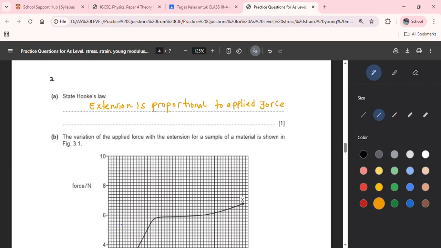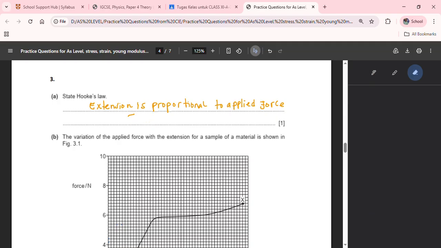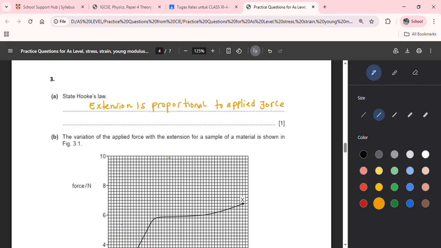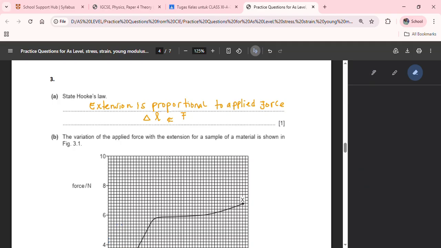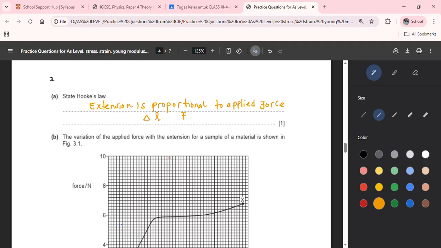Or in other words, you can say that force is equal to K times extension. From the definition, we can say that the extension, which is delta L, is proportional to applied force. So this is the proportional symbol. It's like this.